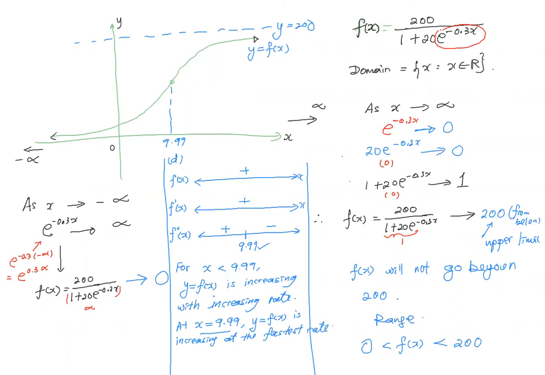Then the last one, for x greater than 9.99. Can someone describe? Nicholas.